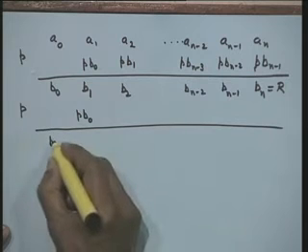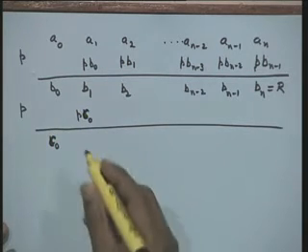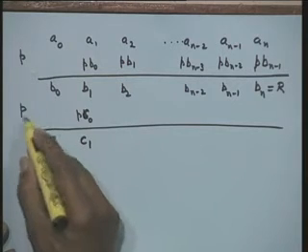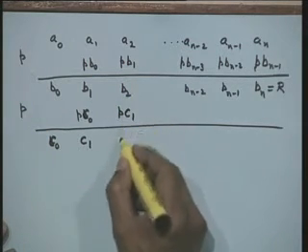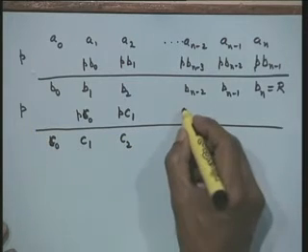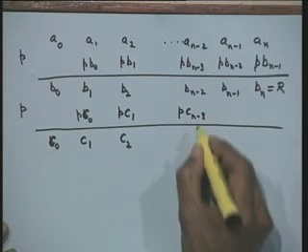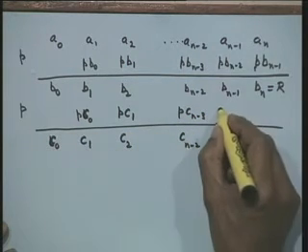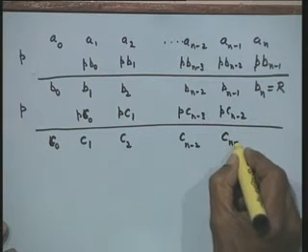Oh sorry, I should start with C naught. So this will be my C1. I multiply this P with C1, add, and I will get C2. I go on doing it, this will be P Cn minus 3 giving me Cn minus 2, and I multiply this by P, adding, I will get here Cn minus 1.